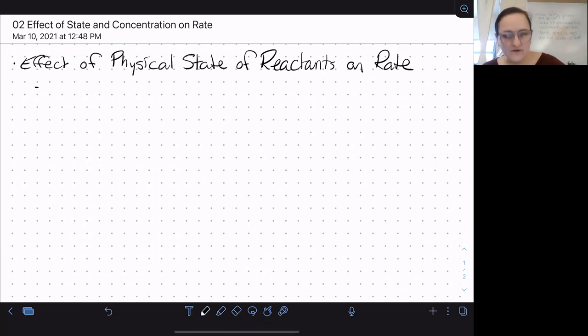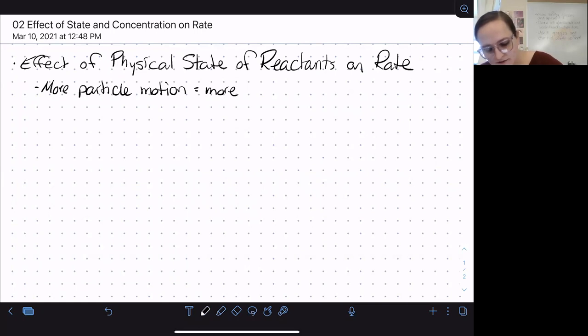So with the physical state, meaning if something is solid, liquid, or gas, essentially what it comes down to is the more particle motion that we have, the more total collisions that we have. More total collisions leads to more successful collisions.